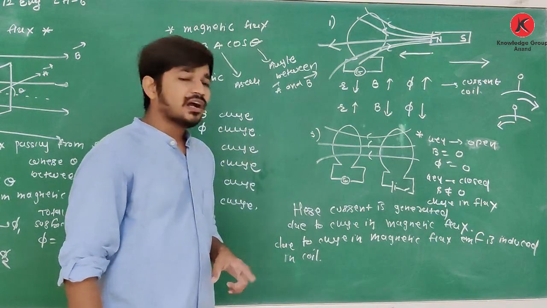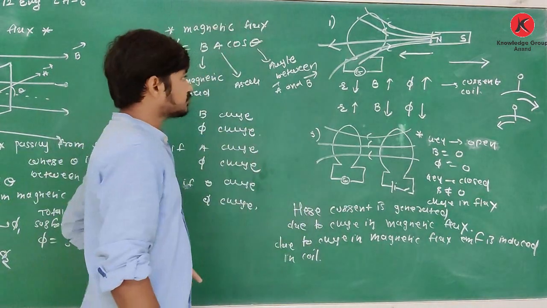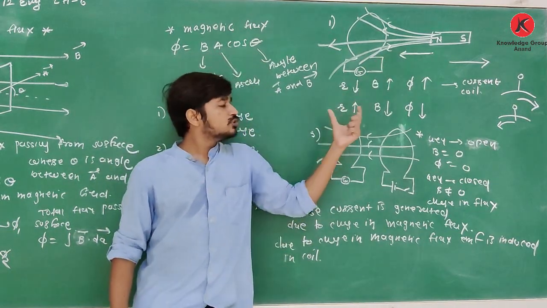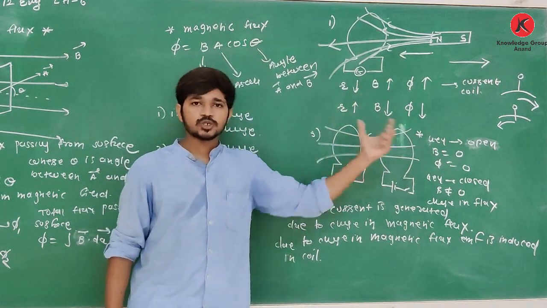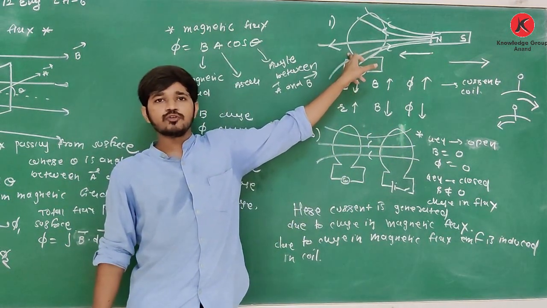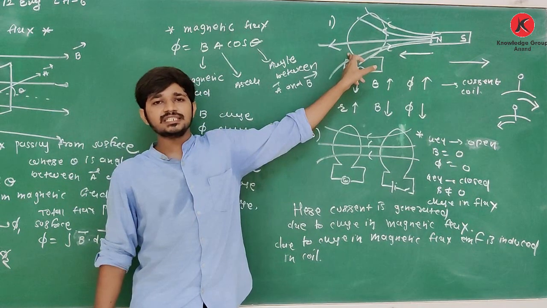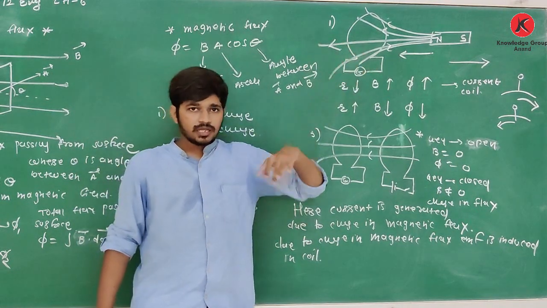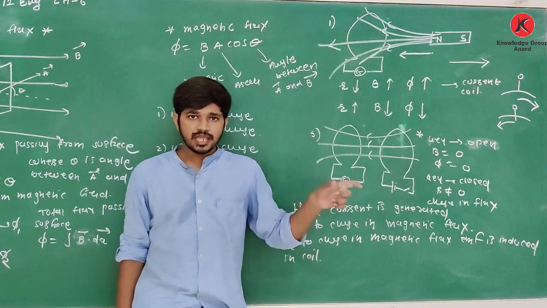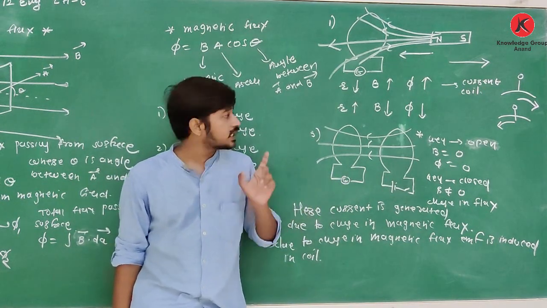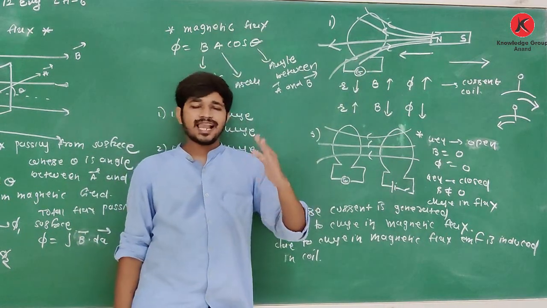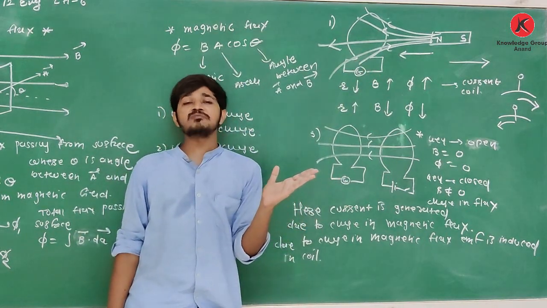Another result. See, if you remember, if we move this magnet faster towards or away, the value of current in this loop indicated is also large. If the magnet is moved faster, then the galvanometer shows more deflection, indicating more current.